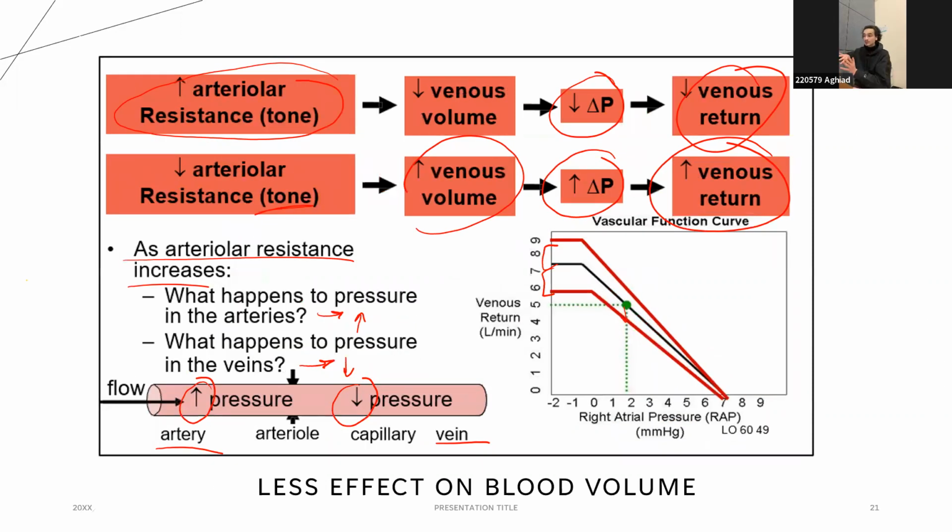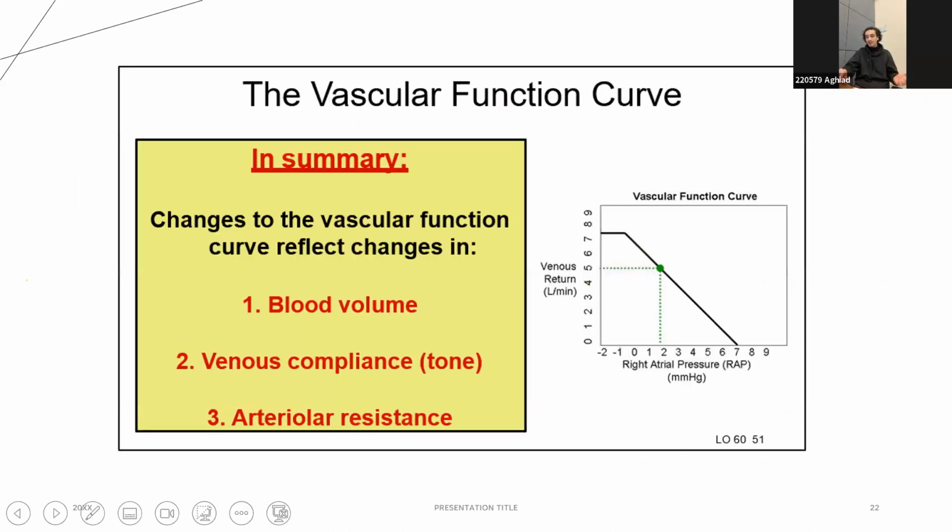So arteriolar resistance doesn't change the right atrial pressure because most of the blood is accommodated in the veins. So a change in the arteries doesn't really cause a change in the atria. Clear? Got it? Perfect. However, a change in the veins, venous return, will increase the atrial pressure as well. So that's why it goes left and right whenever you venoconstrict or decrease venous compliance, or increase the blood volume, increasing the venous return, increasing the right atrial pressure.